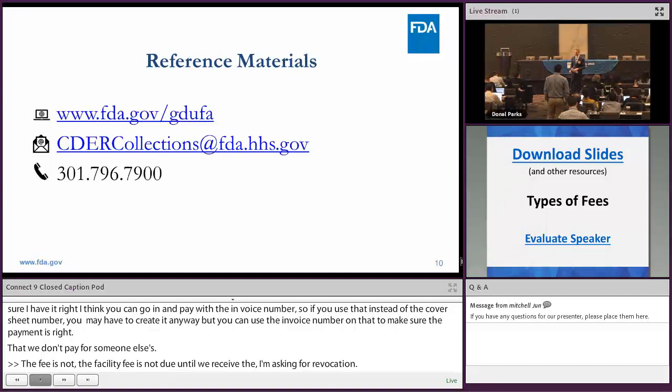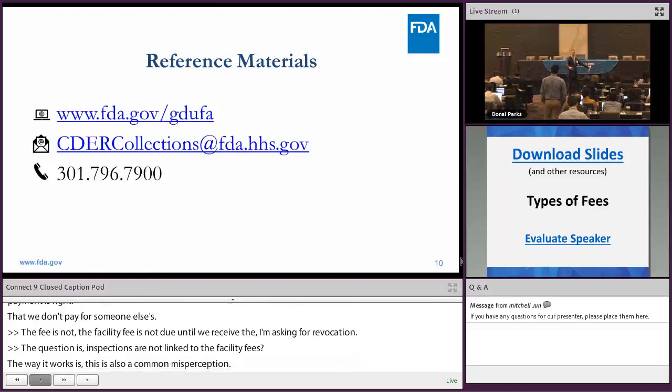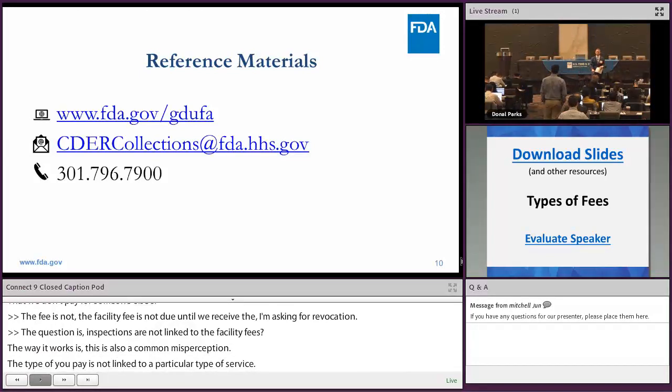Exactly. So the way it works is, and this is also a common misperception where people sort of get things confounded, the type of fee you pay is not linked to a particular type of service. The way I like to describe it is there's this mythical great big iron cauldron in the lobby of our building, and all of the user fee payments go into that bucket. And then when we have to pay someone to review a drug or review a DMF or to do an inspection, we pull the money out of there to pay them.